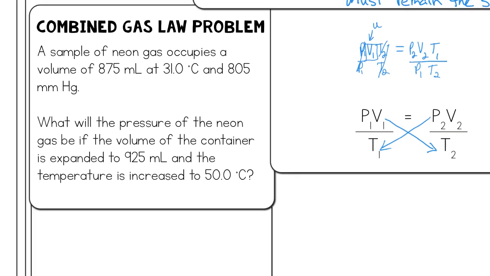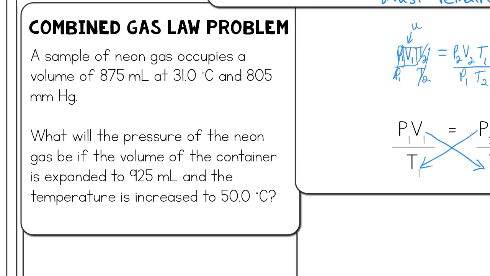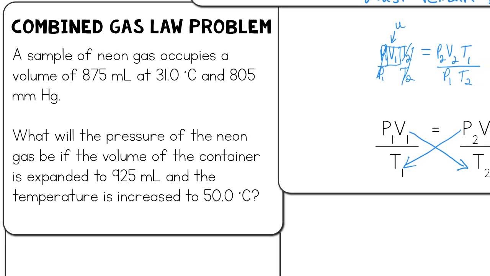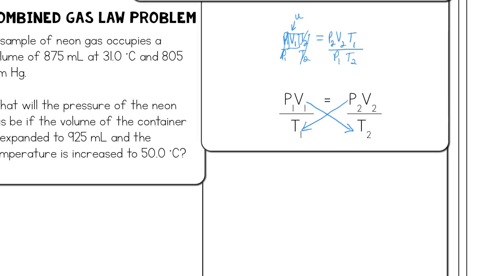And our problem says a sample of neon gas occupies a volume of 875 milliliters at 31.0 degrees Celsius and 805 millimeters of mercury. So those are my starting conditions. So I'm going to write down all my knowns. So my starting P1 is going to be equal to 805 millimeters of mercury.